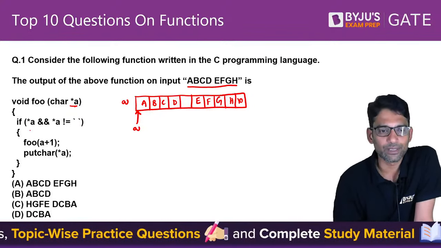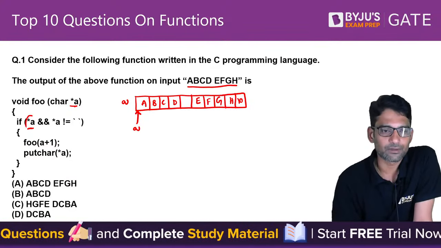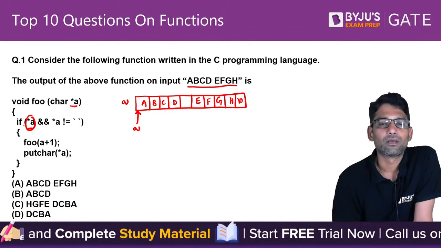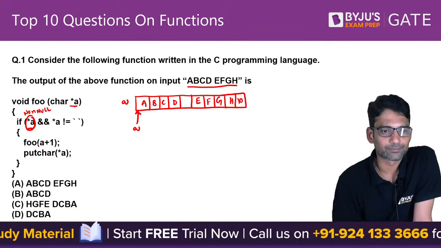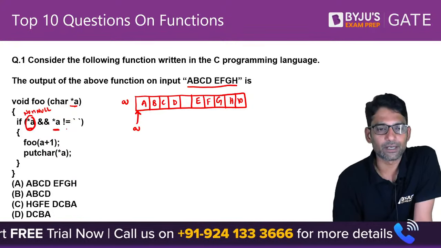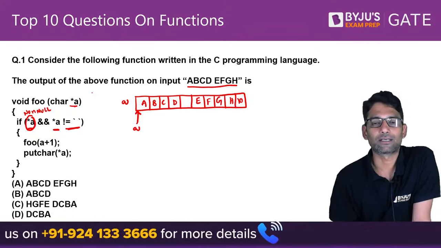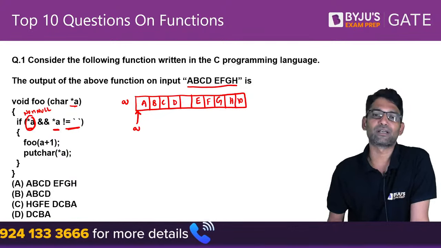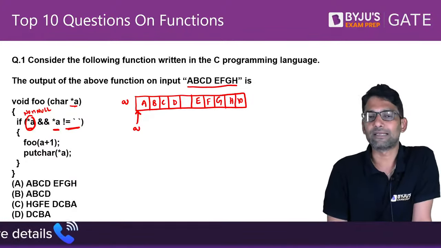If the value at A, that means if there exists a non-null character, and if the character where A is pointing is not space, then this code inside the if will execute.